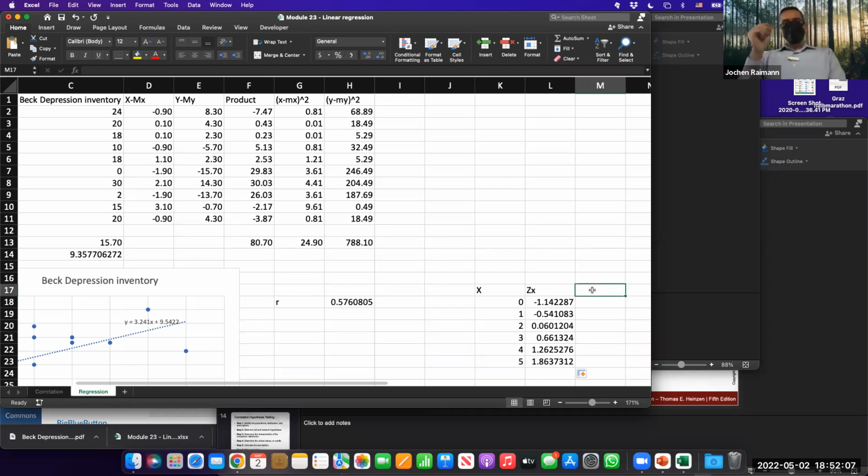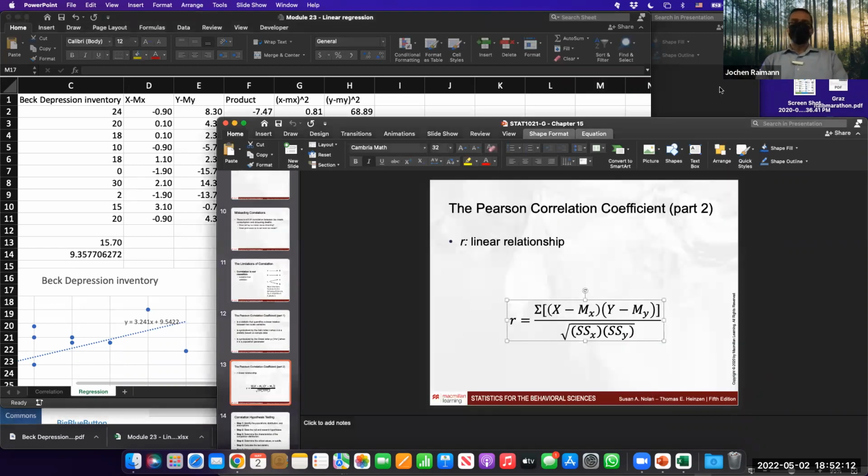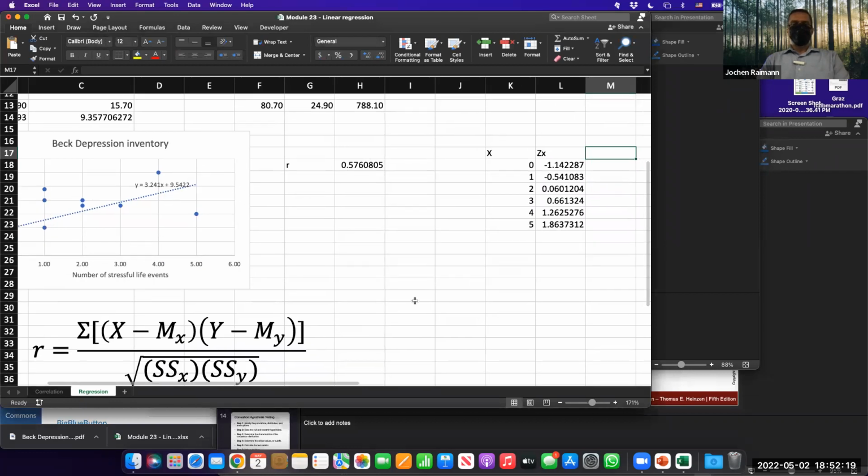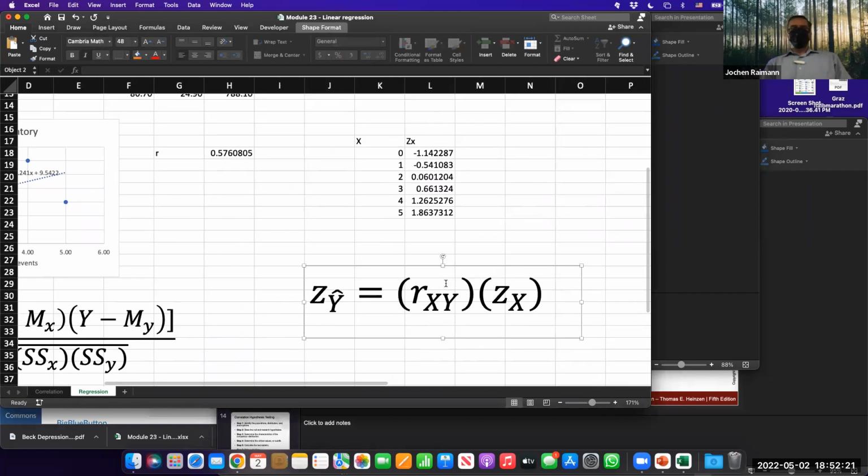Okay, so now we know the prediction of our z y hat is done by using the correlation coefficient multiplied by the z x. So our z y hat equals this multiplied by our z x.